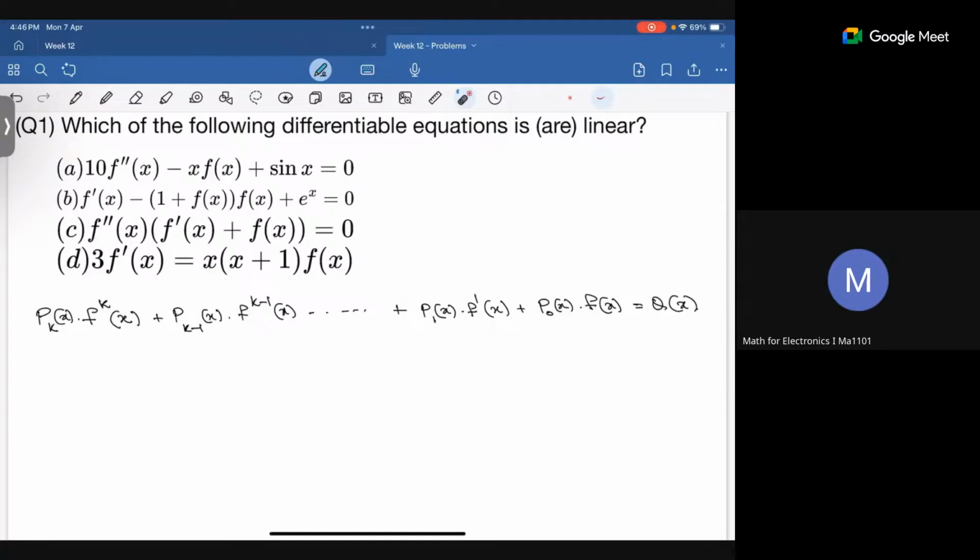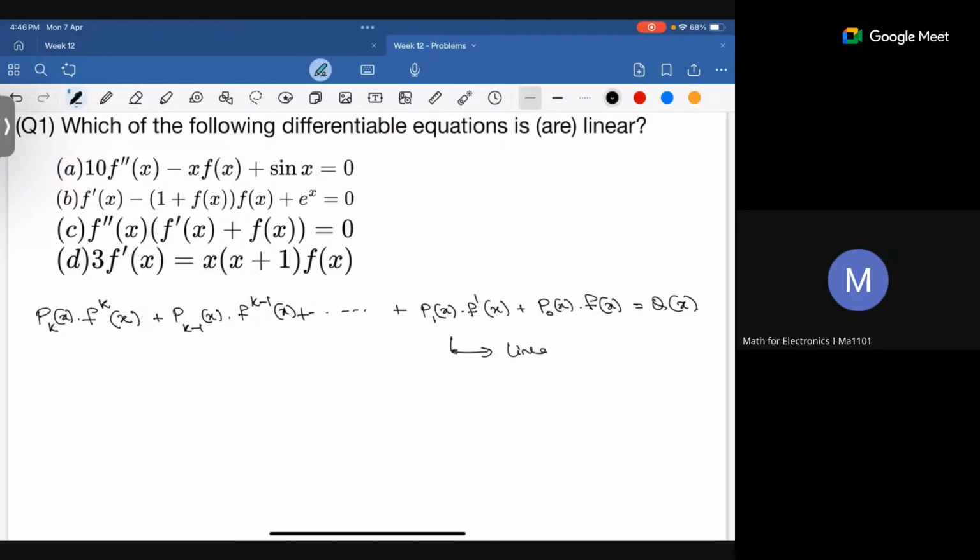The main thing is, in order to be linear, all the powers of the function f of x as well as its derivatives should be 1. The power should be 1. So this is power 1, this is power 1, this is also power 1. So this is linear.